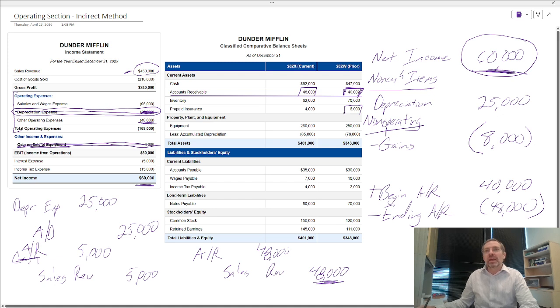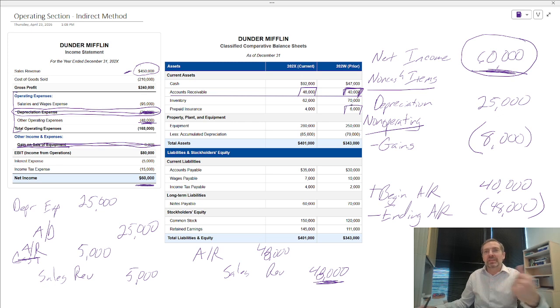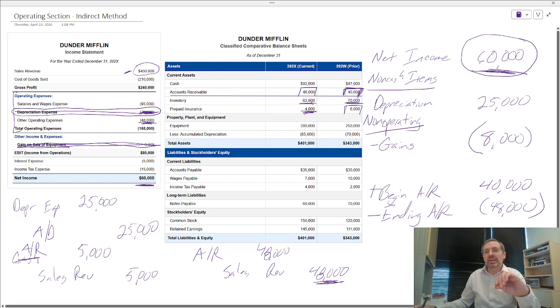So we need to add in the 6,000 since it was being subtracted to get to the 60,000, but the cash was paid last year, the expenses this year. We need to add back the 6,000 and subtract the 4,000. Same with the inventory. We would add the 70,000 and subtract the 62,000. So all of those current assets work the same way. We would add the beginning, subtract the ending.